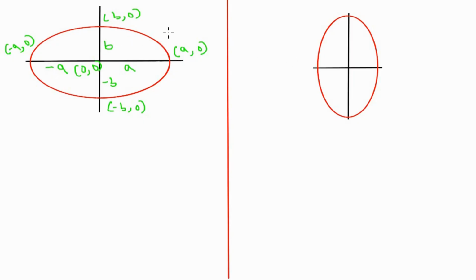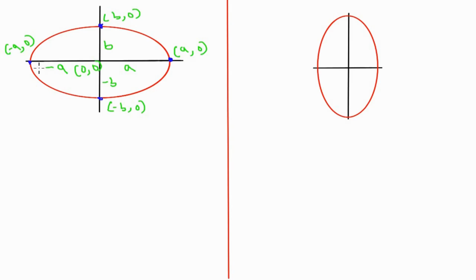Now look at these points that are highlighted in blue. This point, this point, and this point. If you take a look at them properly, you will see that the line of the Cartesian plane and the line of the ellipse meet at those points. Thus, they can be considered to be vertices or a vertex, whichever the case may be.